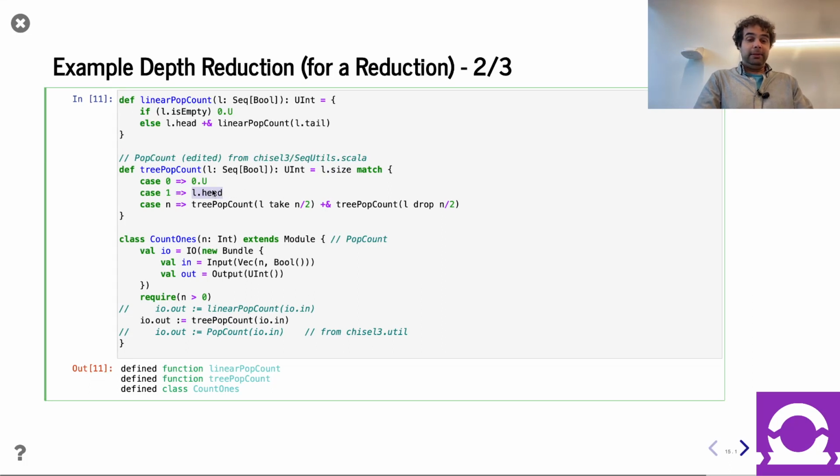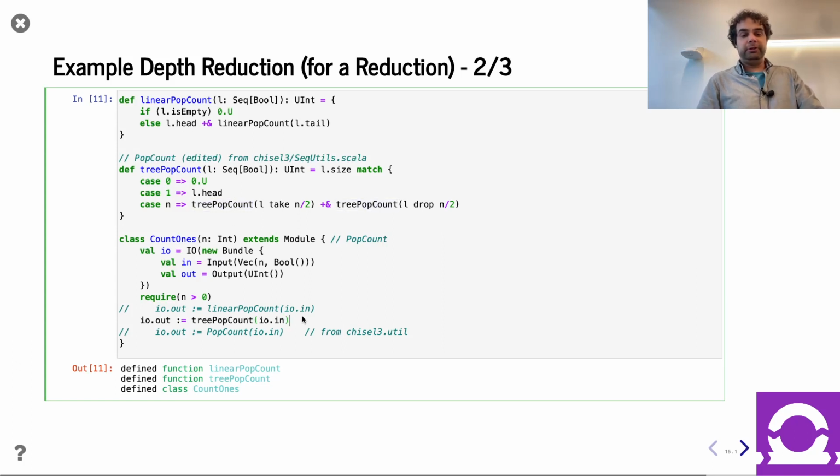If I have more than 1 element, I'm going to split it in half. And so this is take and drop. This is the first n over 2 things of the collection. This is the last n over 2 things. So take and drop are complementary. The two of them combined are all of the elements. Just using some nice Chisel, some nice Scala here, we have 2 recursive calls: give one half to one collection, the other half to the other, and recursively call from there on.